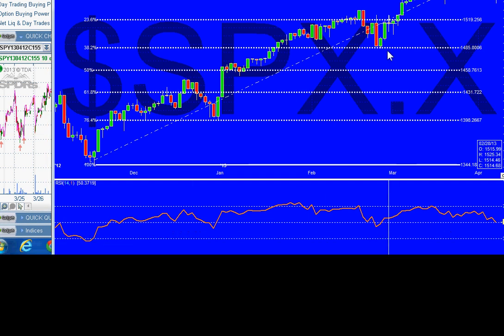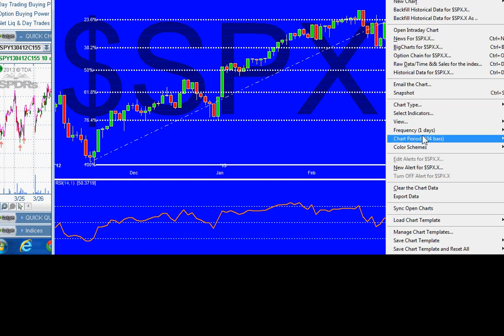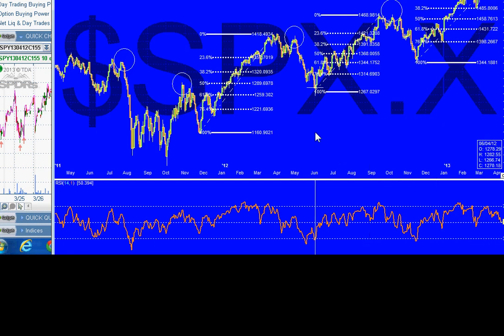So let's just back this thing up. Let's go back to our 2-year chart. There it is. Boom. Up, down, up, down, up. What's next? If you look, the runs have been December, January, February, March, April.